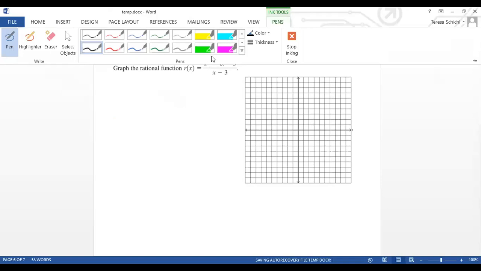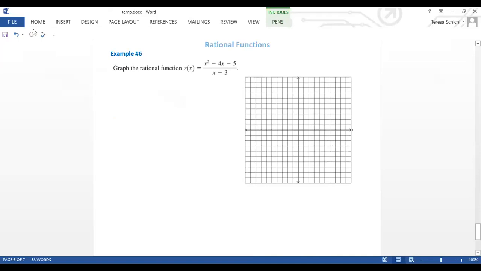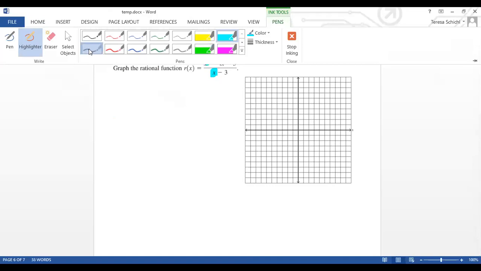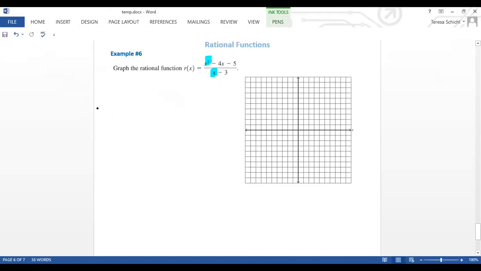As you can see, the power on top is 2 and the power on the bottom is 1, so the top is bigger than the bottom. That's why we need to find the slant asymptote. First, step number 1, factor, because we need to factor to get the asymptotes.